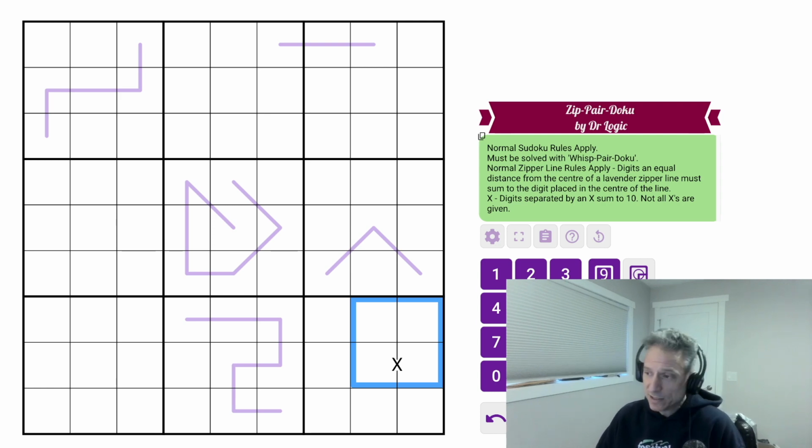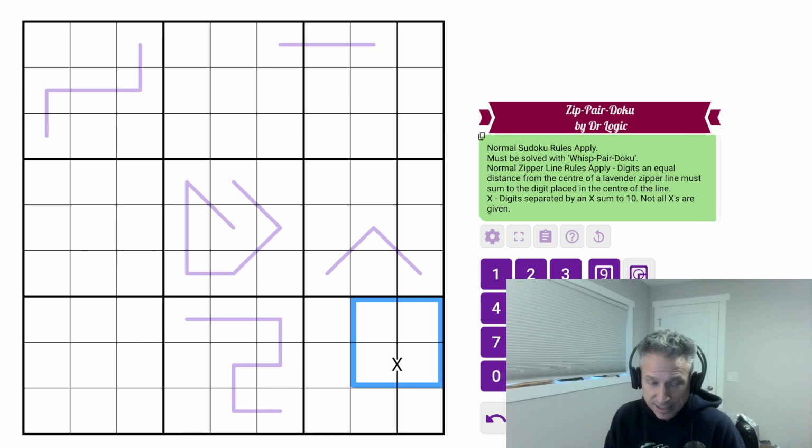So first off, all of these are going to be an odd number of cells long, so you're going to have three, five, etc. And so you have a middle digit, and when you go one over on left or right or up or down from the middle, those two digits will sum to the middle cell, and you go two over there. Those two digits will sum to the middle cell, so on and so forth.